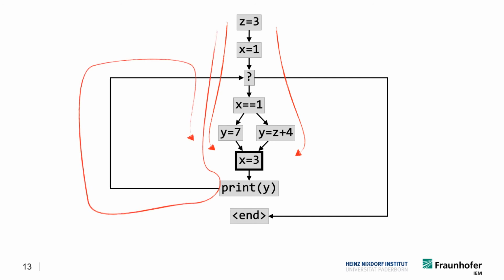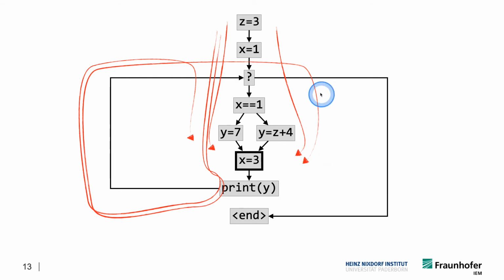So we could go along the left and go through the loop once, but we can also then go, for instance, to the right-hand side of the branch, and so on and so on. And you can see that even in such a simple program here, very obviously there is an infinite number of these paths, right? And that happens as soon as you have loops.